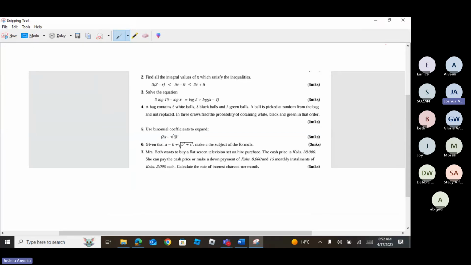A bag contains 5 whites, in a draw of 3. The moment you have seen that the draws are 3, it calls for a tree diagram. Then we keep on checking. So it is for a tree diagram.